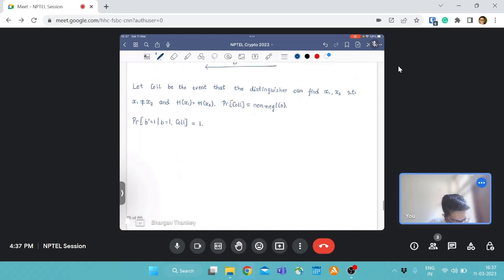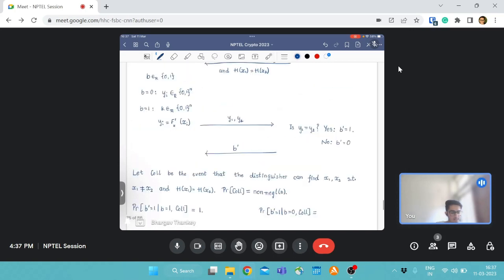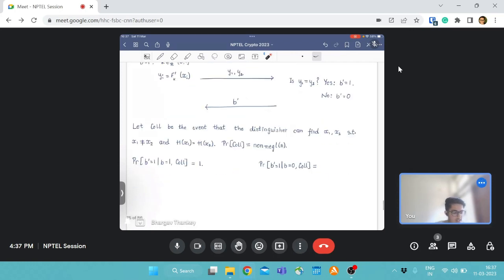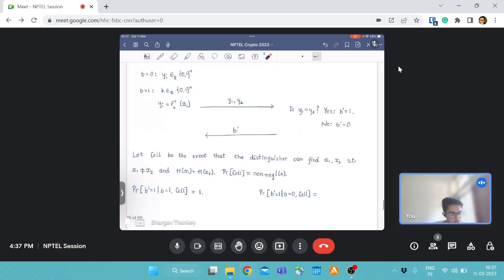And what about the other case? When b equals 0, in this experiment the distinguisher is interacting with a totally random function, and the probability that y1 and y2 are the same when they are picked according to a totally random function is just 1 over 2 to the n.